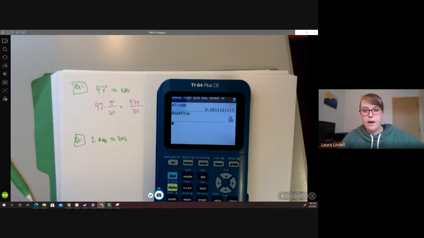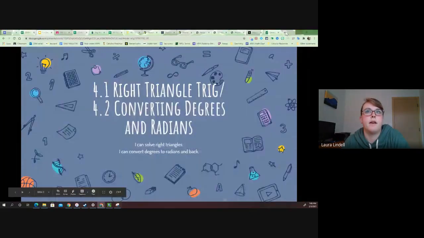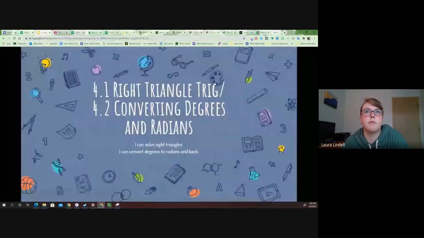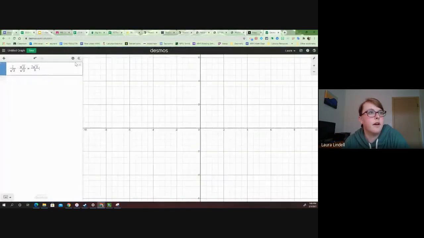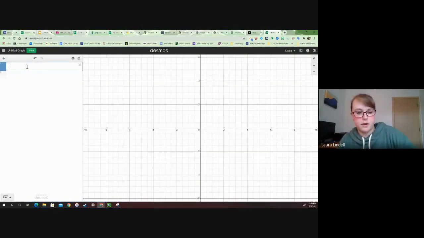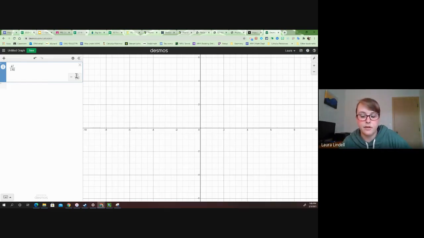Or if we have a Desmos instead, I already got Desmos open, just kidding. We can run over to Desmos and go 47 over 180. And if you hit that button right there that shows up, it'll tell you what the simplified fraction is.